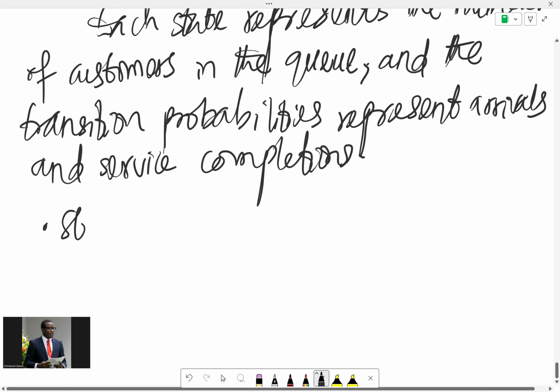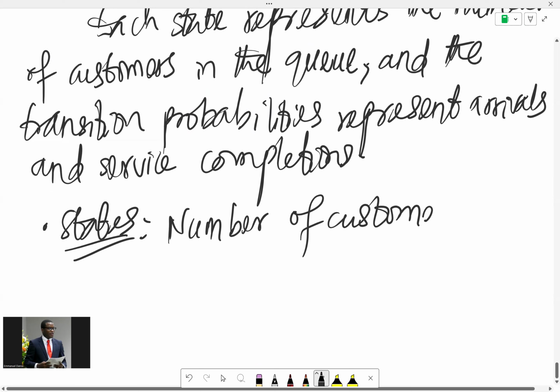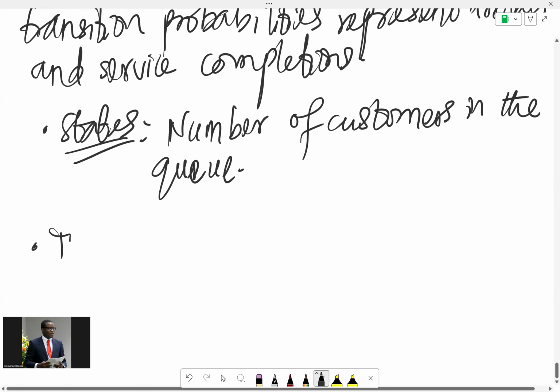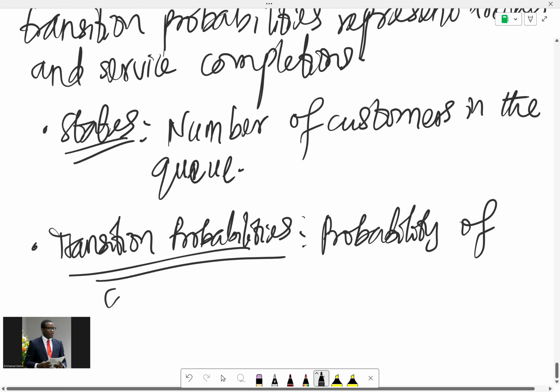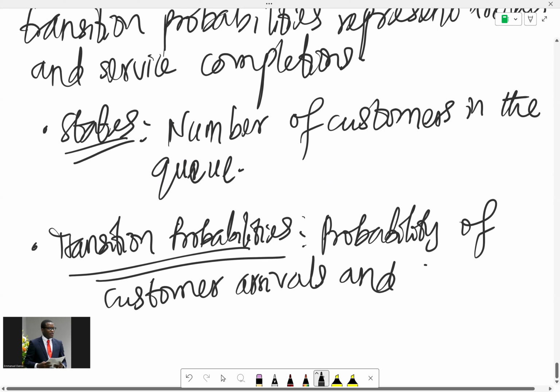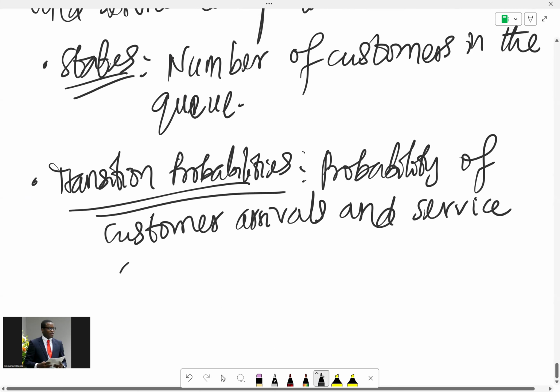So here the states are the number of customers in the queue. Then you have the transition probabilities, which will be the probability of customer arrivals and service completions.